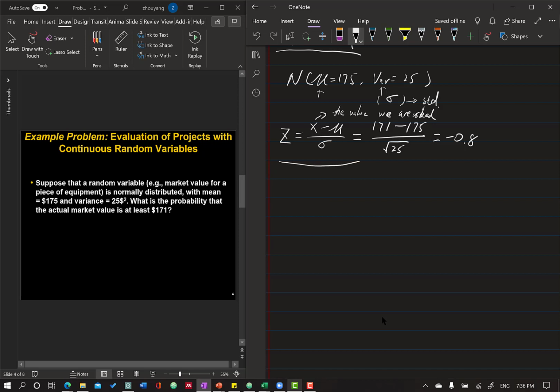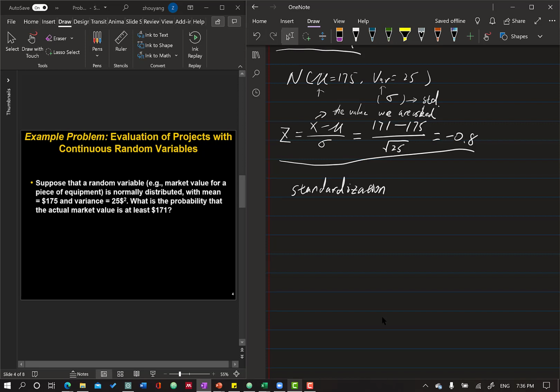What this formula is really doing is standardization, so that x can be converted to a distribution with mean 0 and standard deviation 1.